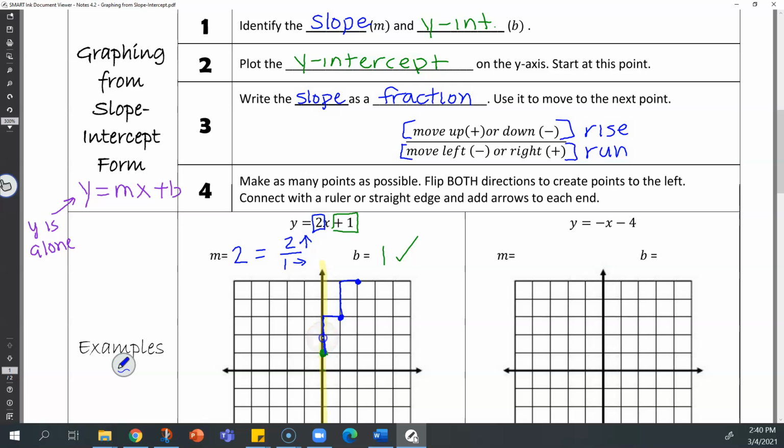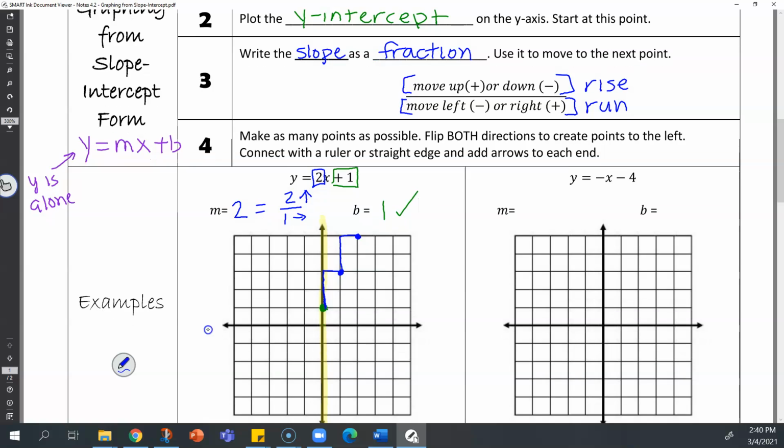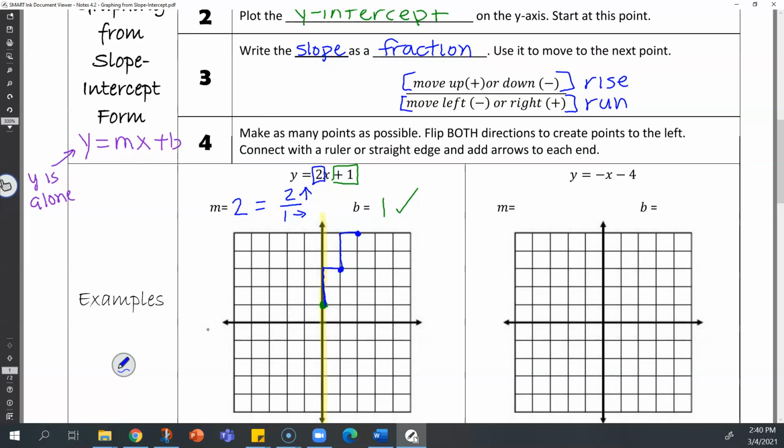Again, you should not be drawing these connecting lines. I'm just doing that to show you what I'm doing. Once I've plotted these points, I've gone 2 up and 1 to the right, 2 up and 1 to the right, and I ran out of space on my graph. That's fine, it happens, it's not a big deal.